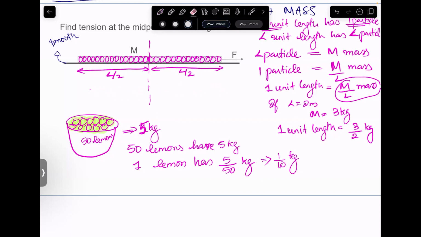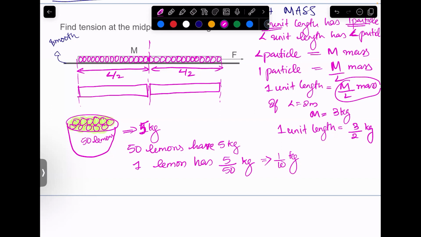It doesn't seem like equal length, so I'll draw once again. This is one string over here, and this is another string over here. So what will be the masses of these two strings?